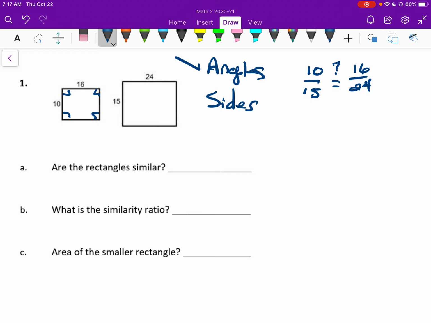Well, 10 over 15 is 2 over 3, and 16 over 24 is also 2 over 3. So those are equal, so sides are good, and we say, yes, they are similar. The similarity ratio we can give as 2 over 3 or 2 to 3.